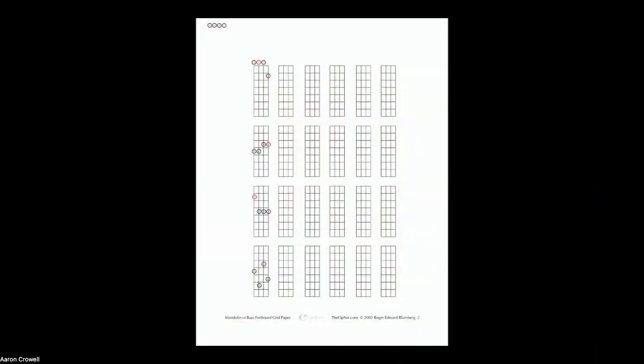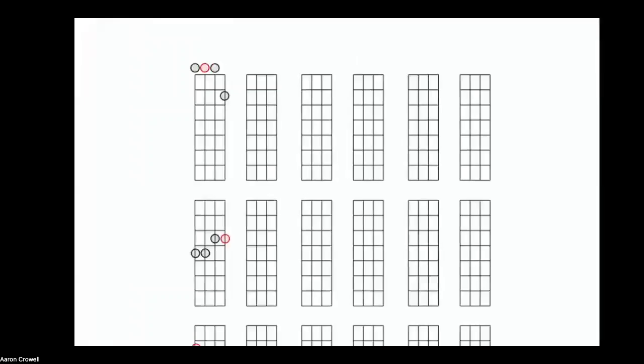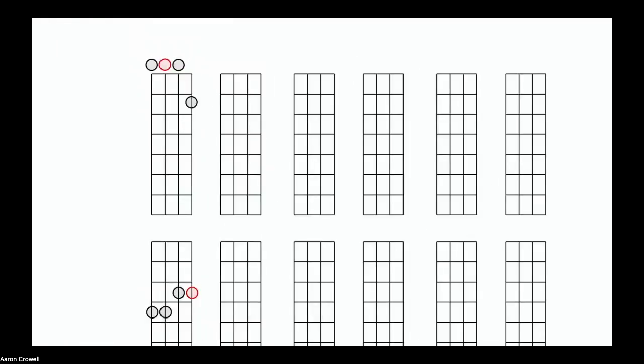Okay, now check this out. By following those rules, we can find our chord shapes. We'll go here, and this will follow the root being the same color.